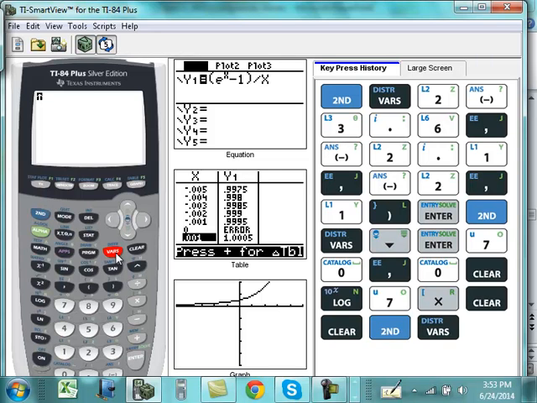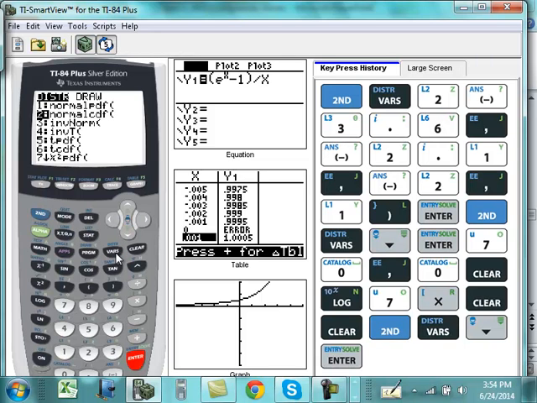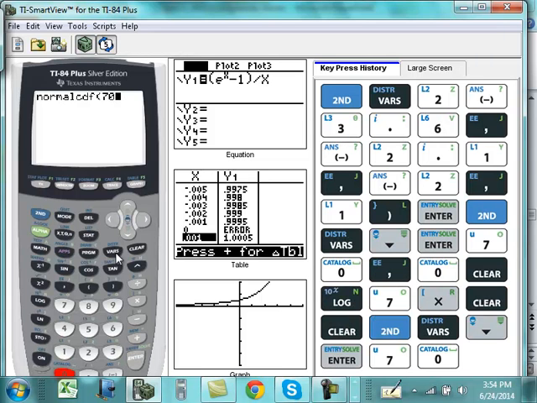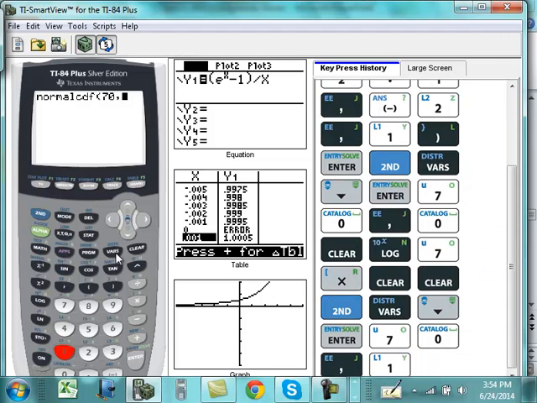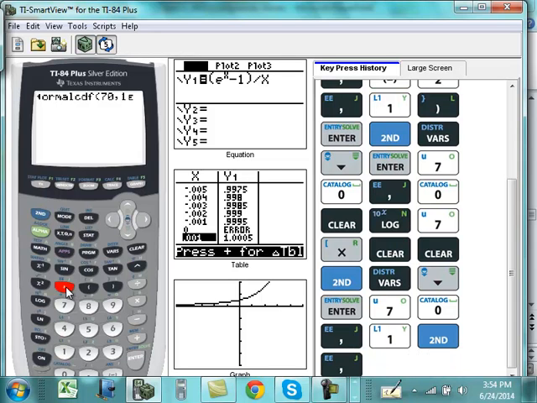Sorry about that. Fumbled it. Normal CDF. Left endpoint 70 inches, comma. Right endpoint is positive infinity. And remember from last time that we wrote infinity as 1 times 10 to the 99th power, comma.